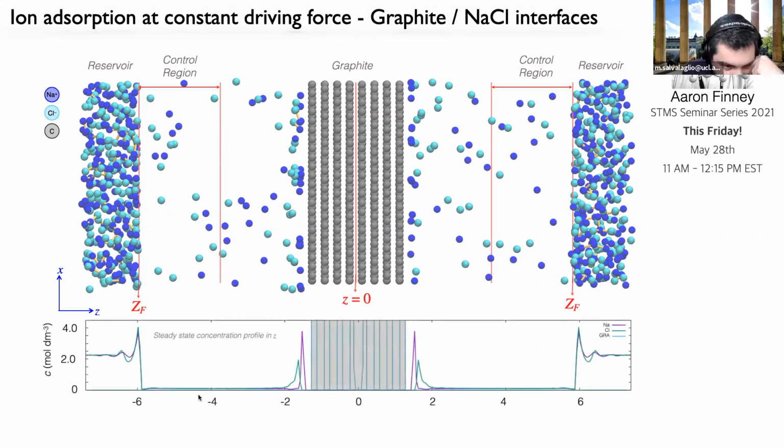In all these cases, we're able to maintain steady state concentration profiles as a function of Z, which is the longitudinal dimension of the simulation box. And in all these conditions, for concentrations that exceed the dilute conditions, we're able to identify deviations from the expected profiles that can be obtained from mean field theories.